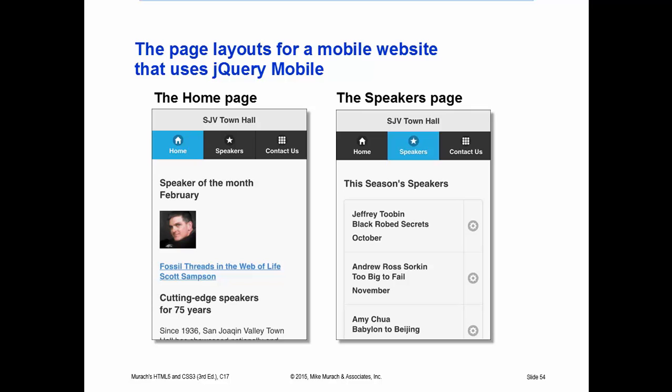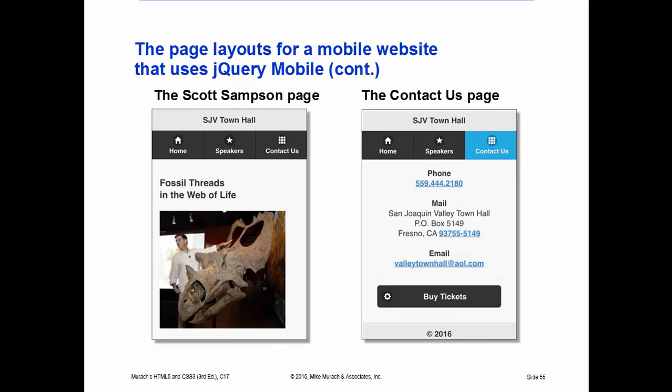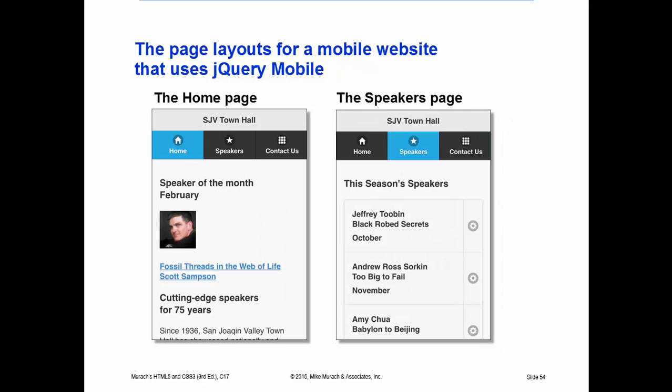So what you see here are two of the four pages, and here are the other two. When the user taps a speaker on the speakers page, a page for that speaker is opened. When they tap a gear on this page, as we already mentioned before, it opens a dialog where the user can buy tickets to hear that speaker.